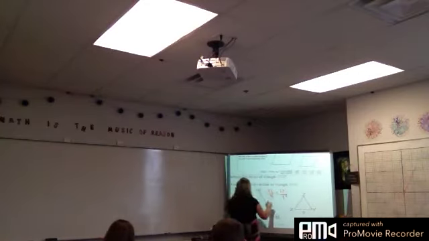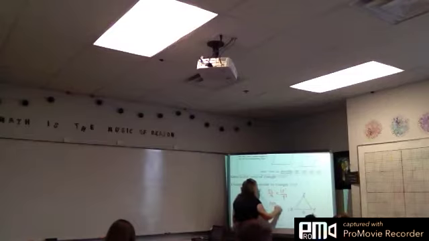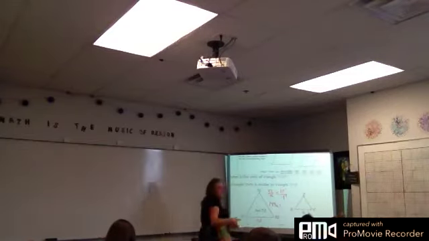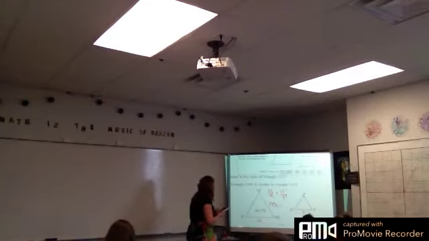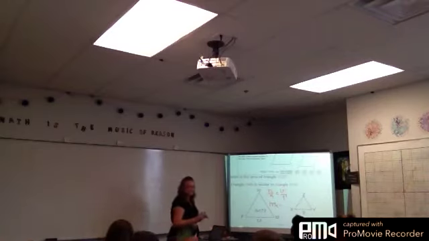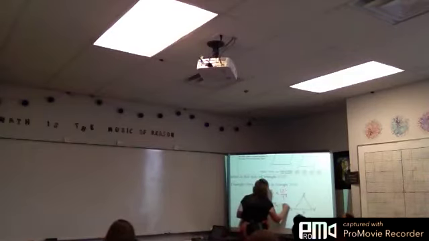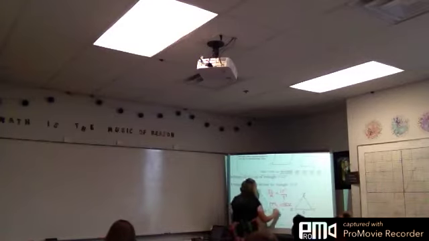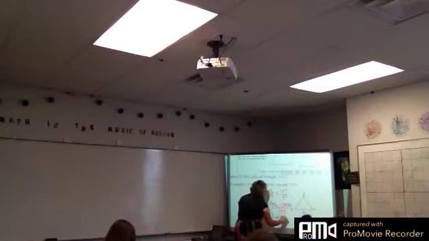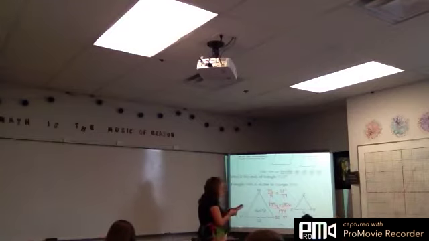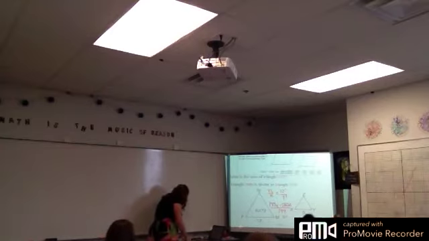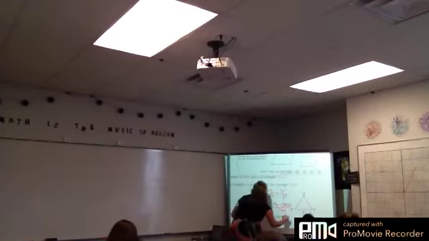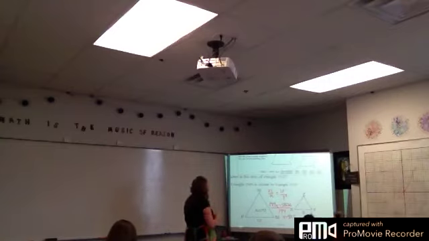So 12 squared is 144, I know that, so I have 144A equals 9 squared is 81, so what's 81 times 72? What is 81 times 72? 5,832. And then I'm going to take that and divide it by 144, and you would get A equals 40.5.